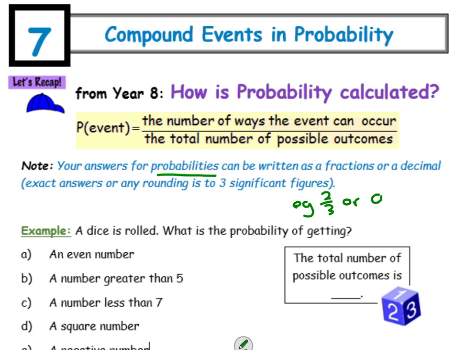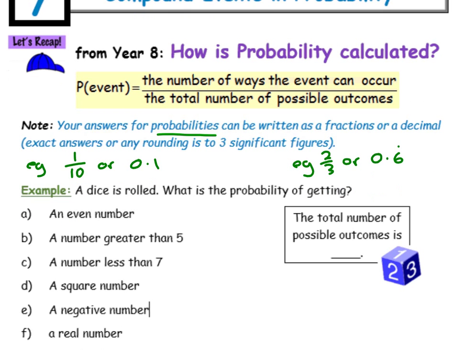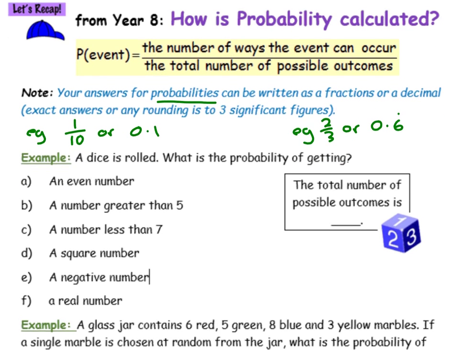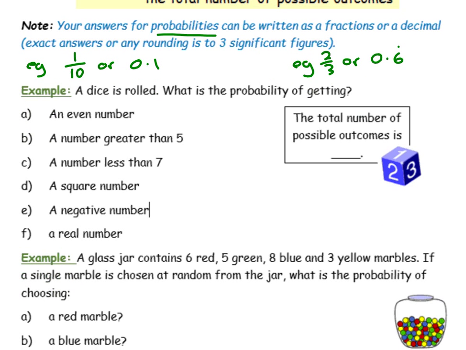So 2/3 is the same as 0.6 recurring. You could also do 1/10, or 0.1. If you do need to round any, then you need to round them to 3 significant figures. But 1/10 is exactly 0.1, so that's an exact answer.